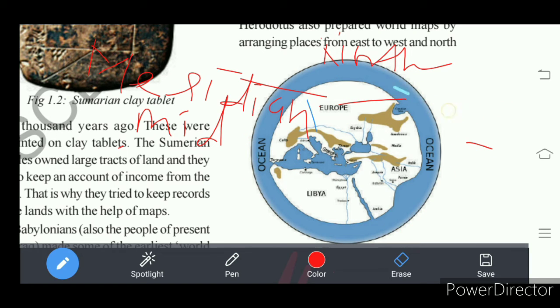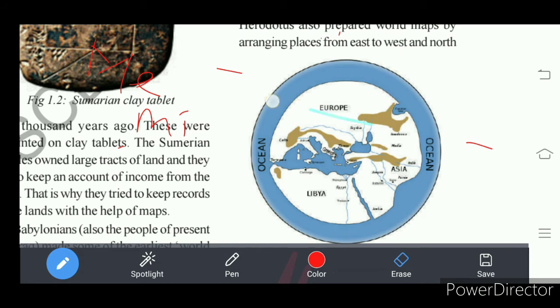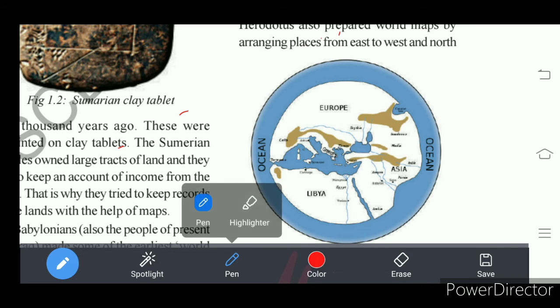Understand? Then after, with the help of these two lines, latitudes and longitudes, they tried to connect the places which have equal length of shadow at midday.